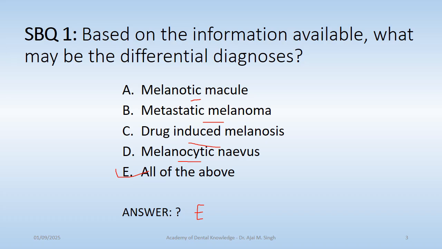Drug-induced melanosis, because patient had history of treatment for skin cancer, so it may be caused by drugs also, or it may be a melanocytic nevus, or differential diagnosis may be all of the options given. So the answer will be E. So you can tick the answer E.